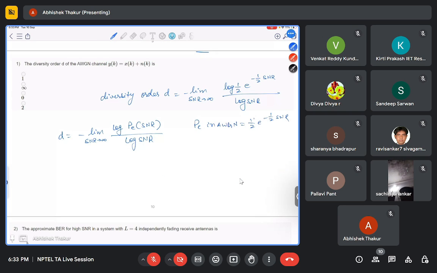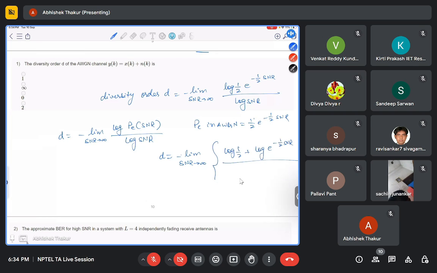So now we will substitute this value. So our D will be minus limit SNR tends to infinity of log of half, and actually we can write the complete term as log of half plus log of e to the power of minus half SNR, divided by log SNR.